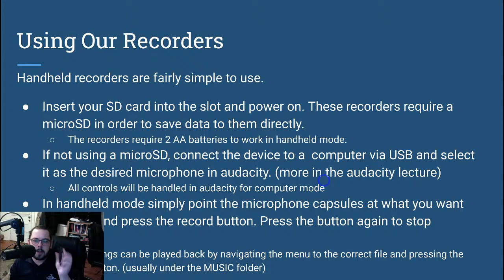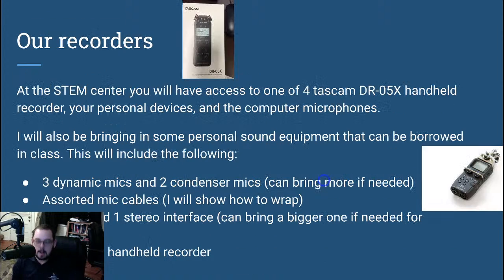But when you're just using it portably in this handheld mode, once you've put in your memory card to save your recordings, you turn it on, hit the power button, and point the capsule of the microphone at what you want to record. Again, these will be at the top of the device. Like I was saying, if you talk into your microphone from the side, you're not going to get a good recording.